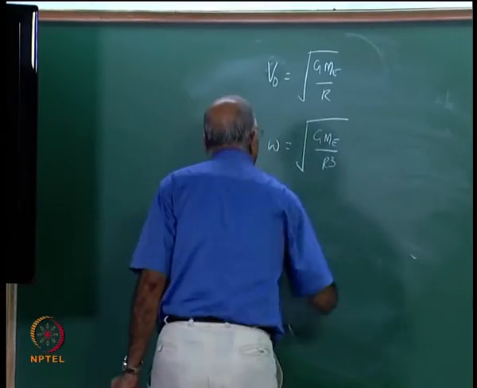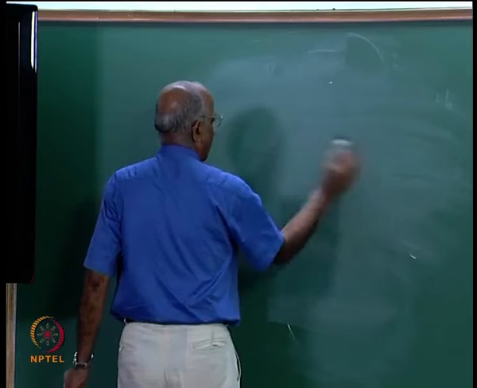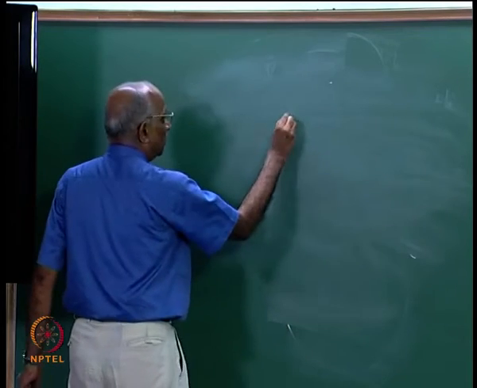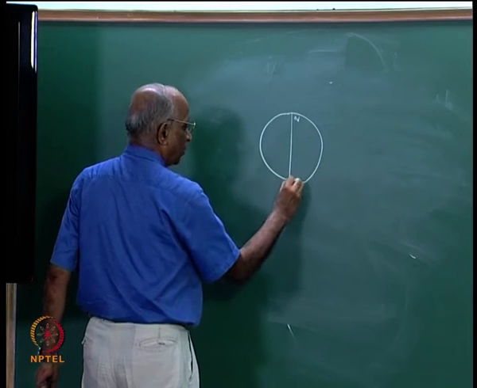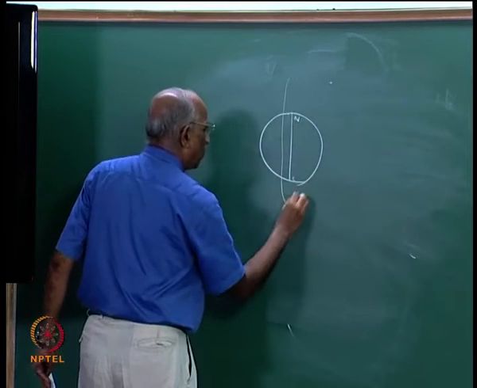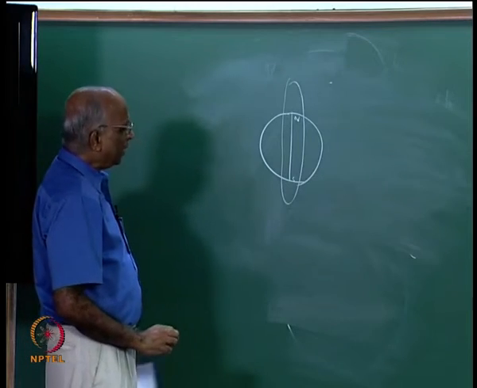Let's see if we can have a satellite which goes from north to south. This is the earth, the north pole, the south pole. The satellite could go round from north to south, and there is one advantage.